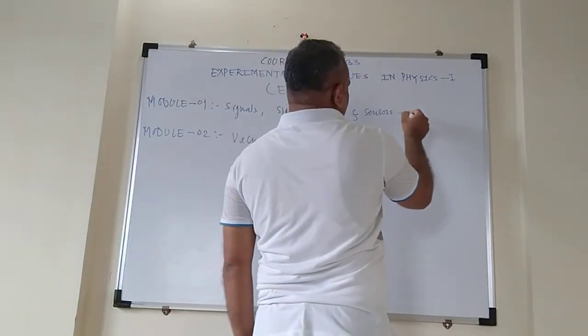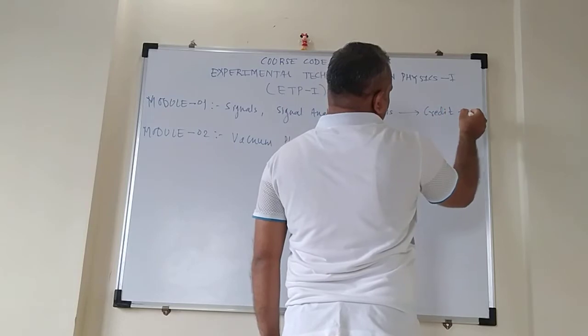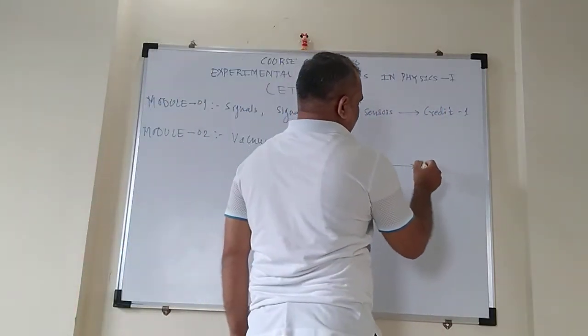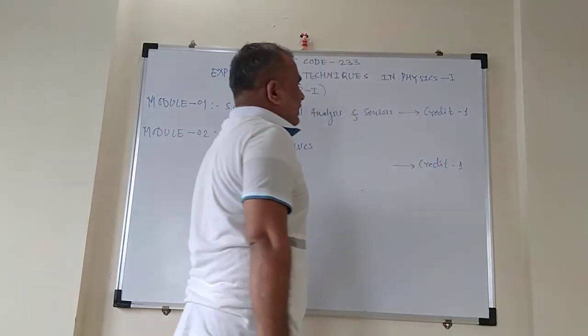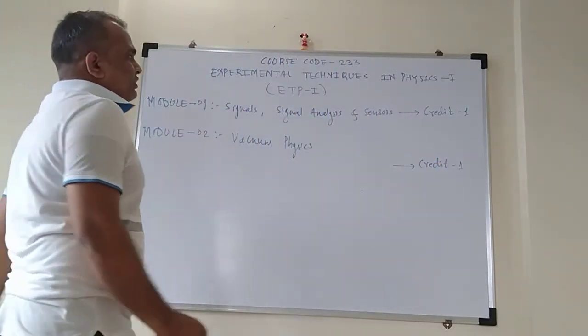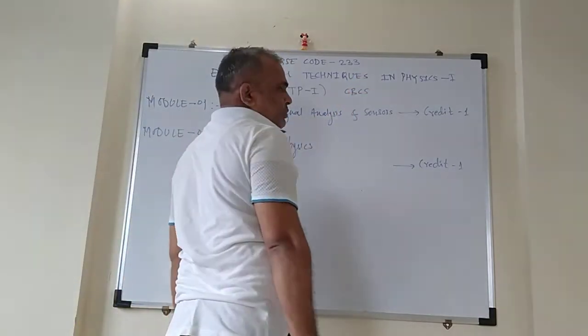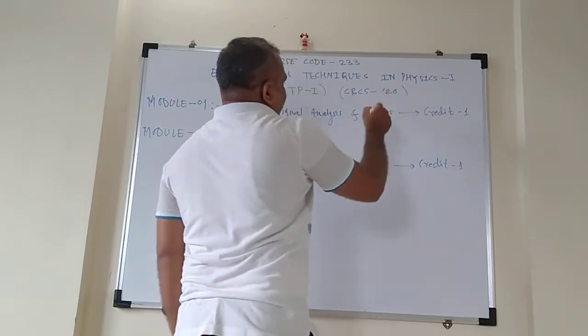And each module is of 1 credit, right? So the second module is also of 1 credit. This is a credit based system, so it is also called CBCS, choice based credit system of 2020 course.